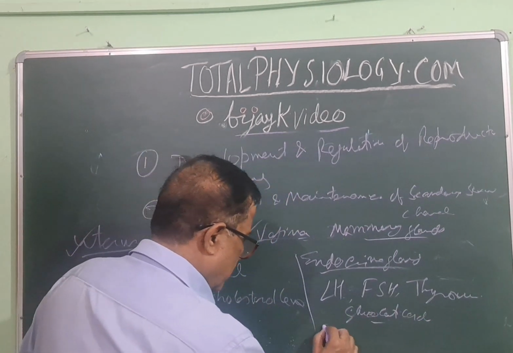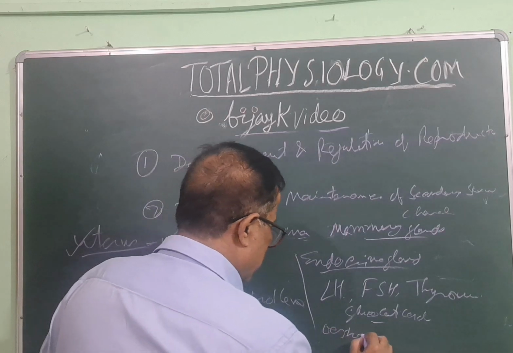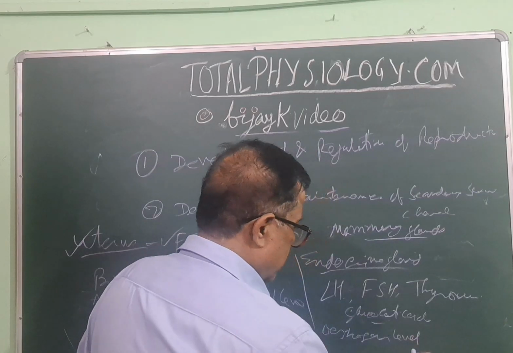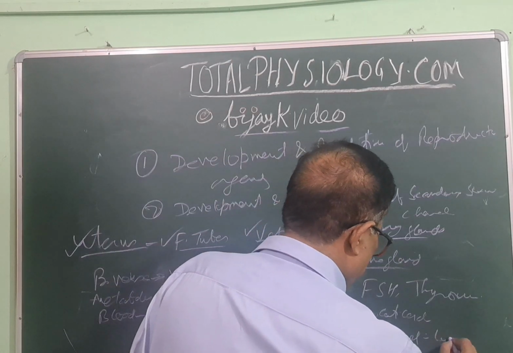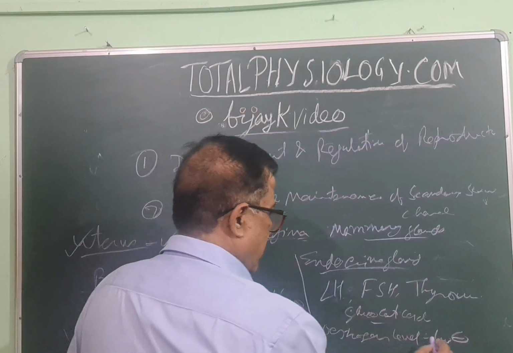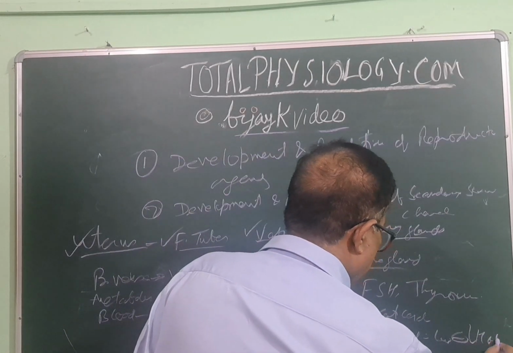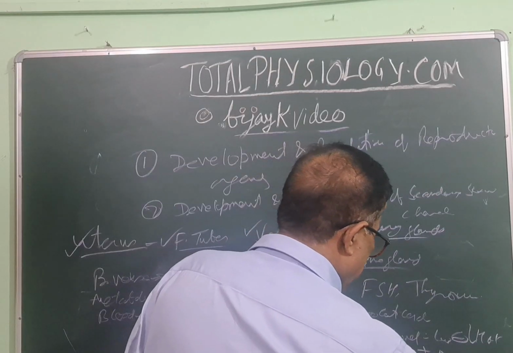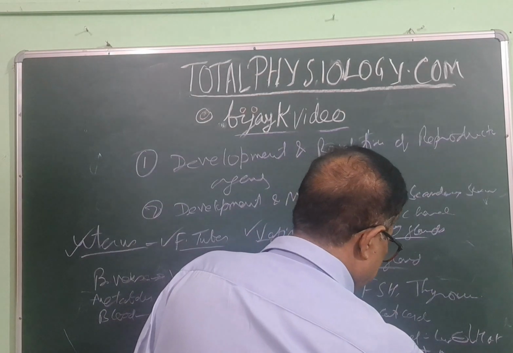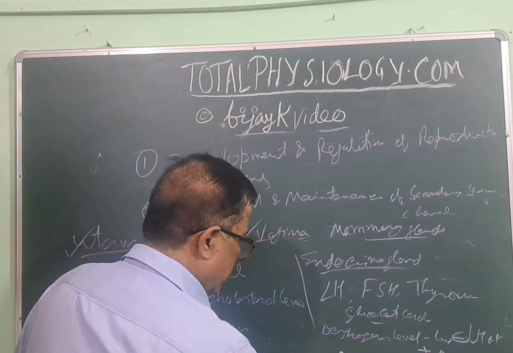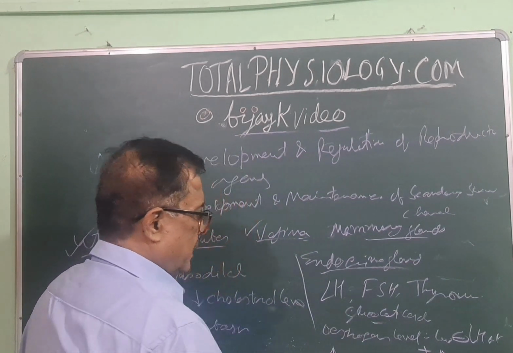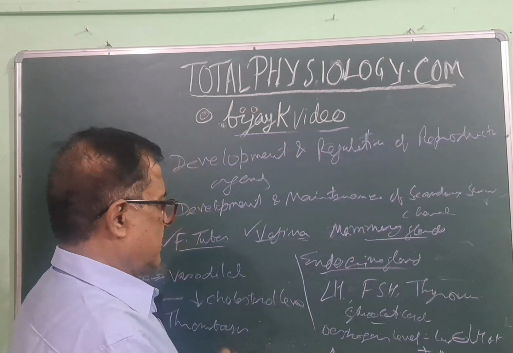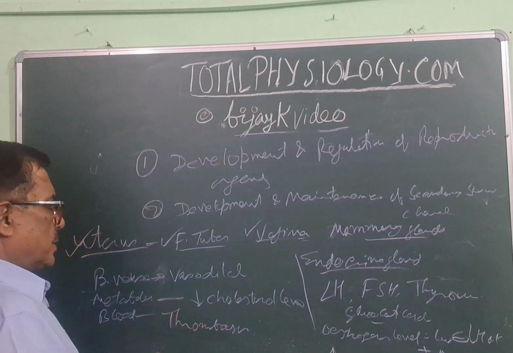When estrogen level is low, it inhibits LH and FSH secretion. When its level is high, it will increase LH and FSH. When estrogen and progesterone are both high, it will cause decrease of LH and FSH secretion.